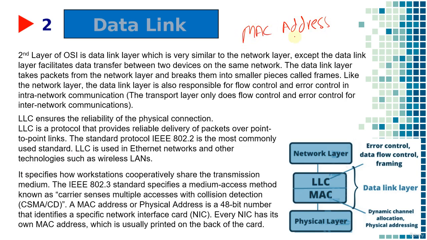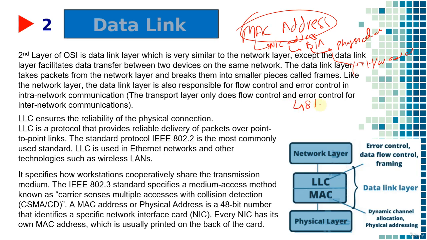A MAC address is known by many names, like NIC address, burned-in address, physical address, and hardware address. A MAC address is basically a 48-bit address, and we will talk about it in a lot of detail.